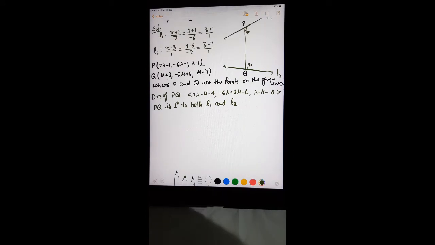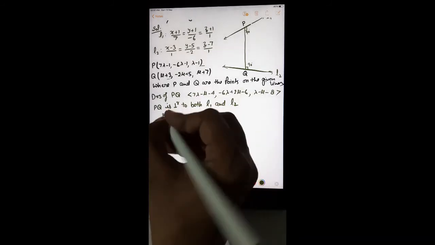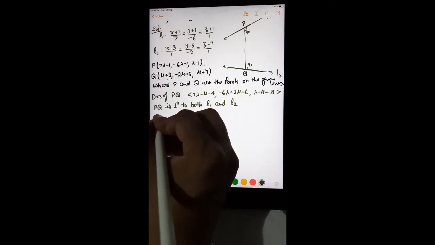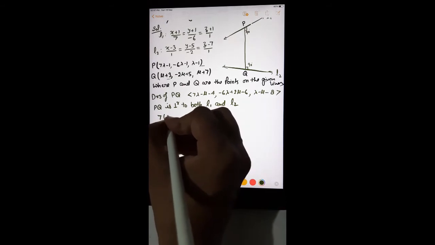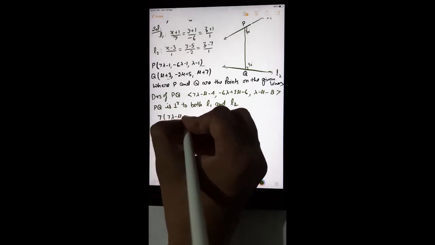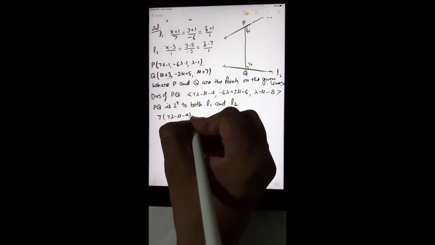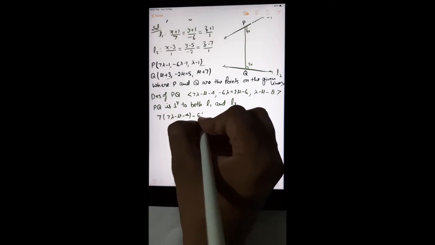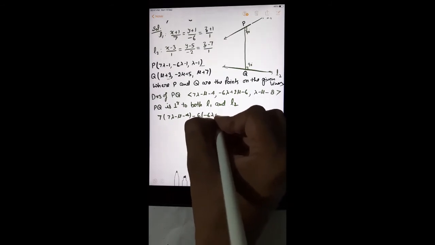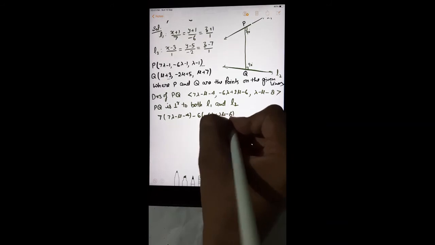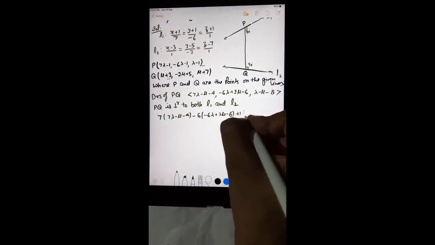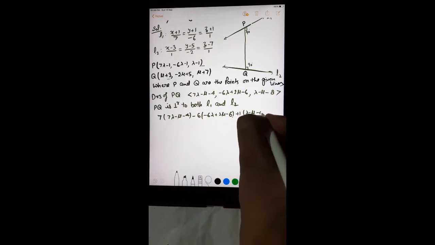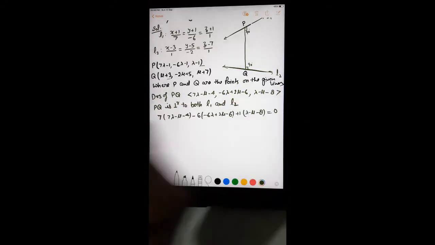So the dot product of the direction ratios with the direction ratio of PQ must be 0. It means 7 into 7 lambda minus mu minus 4 minus 6 times minus 6 lambda plus 2 mu minus 6 plus 1 times lambda minus mu minus 8, it must be 0.